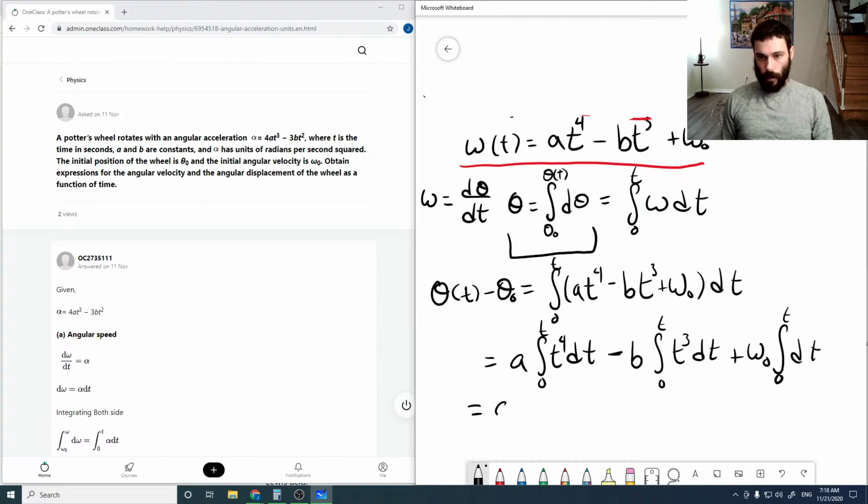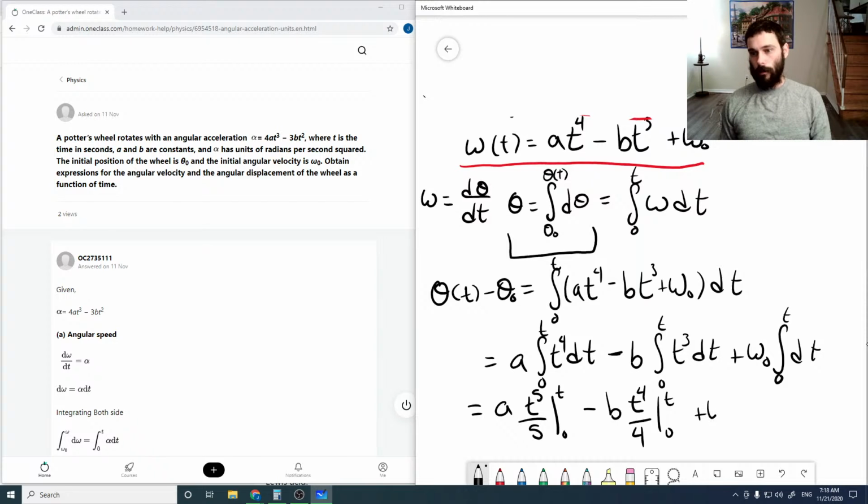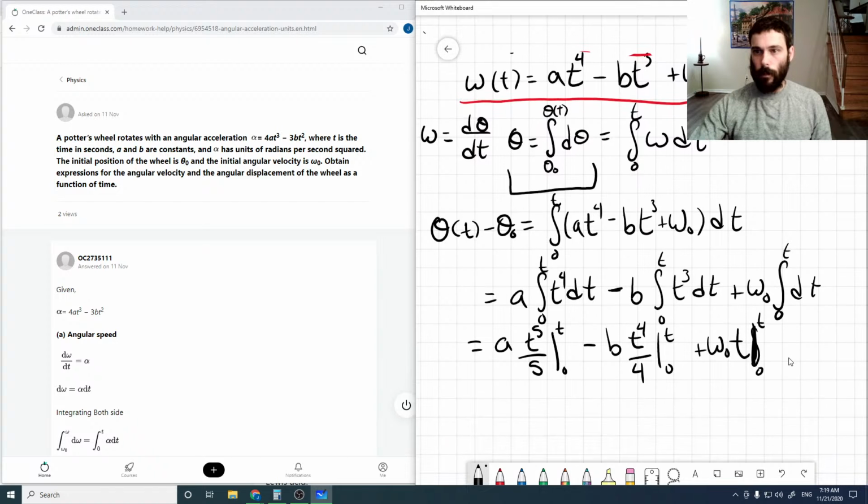So then this is a t to the fifth over 5 from 0 to t minus b t to the fourth over 4, 0 to t, plus omega naught t, 0 to t, and a little bit of integration again.